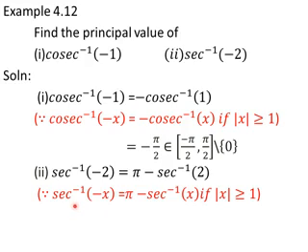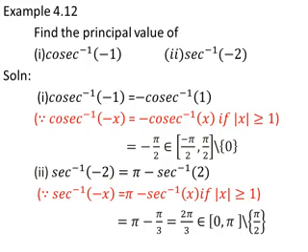So for secant inverse, cos inverse, cot inverse, we will write pi minus. So here we have pi minus secant inverse x if modulus of x is greater than or equal to 1. Here our x value is 2. So modulus of 2 means 2. It is greater than or equal to 1. So you can apply this property.